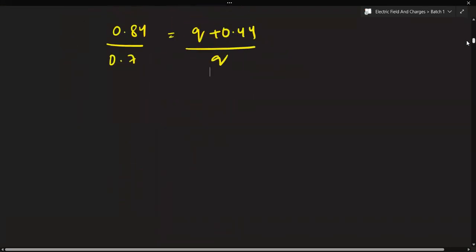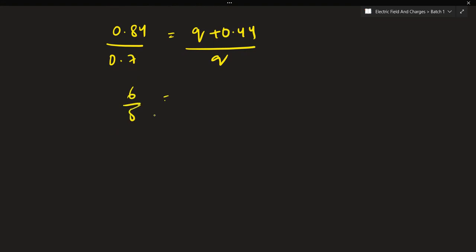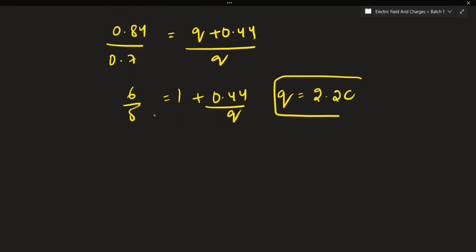Now you have to solve this. It will be 6 by 5, this part will be 6 by 5, equal to Q by Q plus 0.44 by Q. So Q will be 2.2 coulombs. Once you have the value of Q, put it in and you will get the value of R as under root Q by sigma into 4 pi.